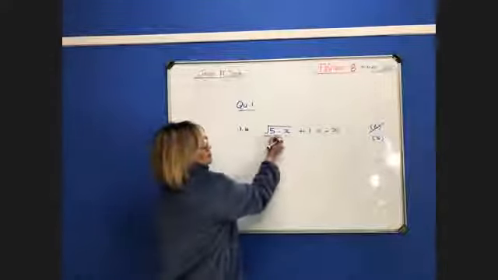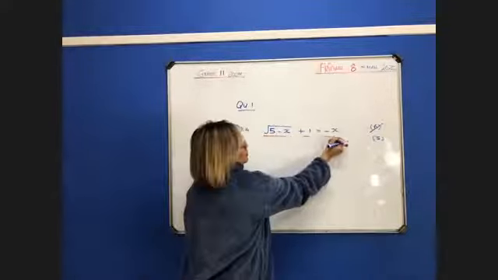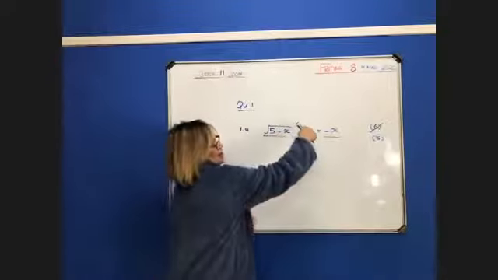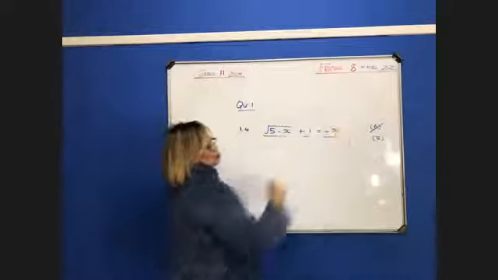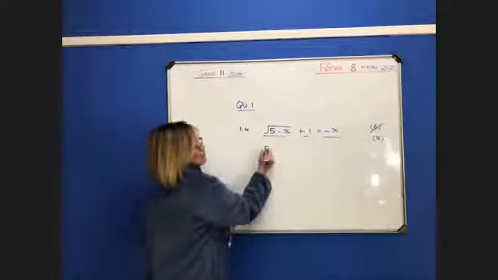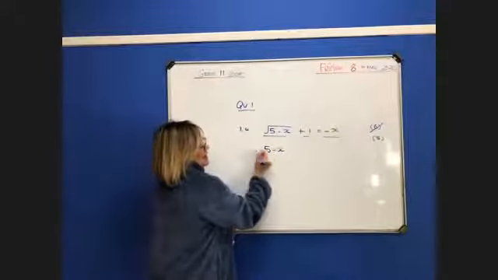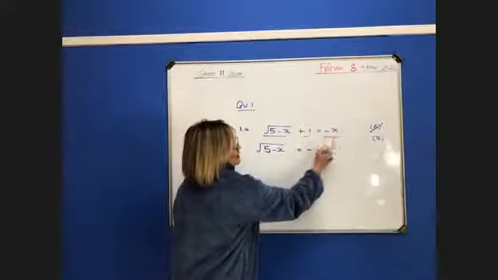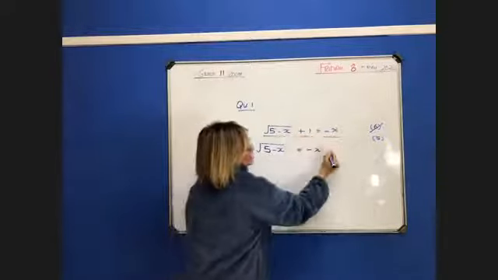You've got to first isolate the term that has the radical, which is the square root of 5 minus x. So that plus 1 needs to go to the other side. So we've got the square root of 5 minus x equals minus x minus 1.